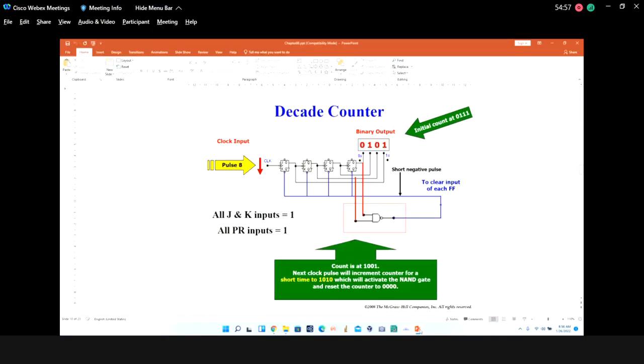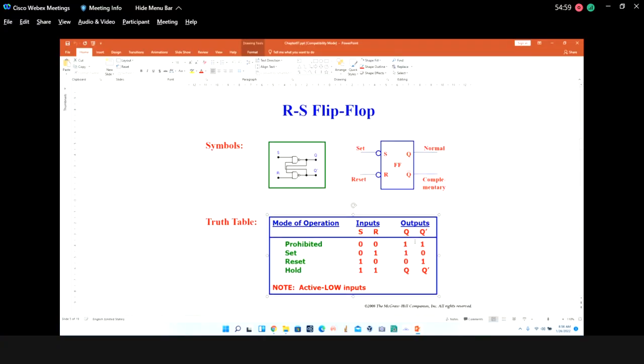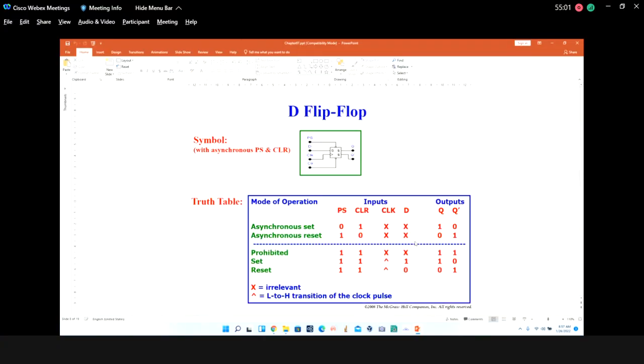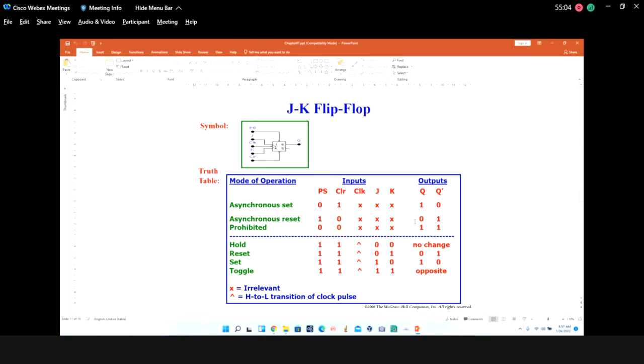To remember again the previous flip-flop, we go to the JK flip-flop. Okay. When clear is 0, but preset is still 1, clock and JK are irrelevant. The Q will turn to 0. All Q will become 0.